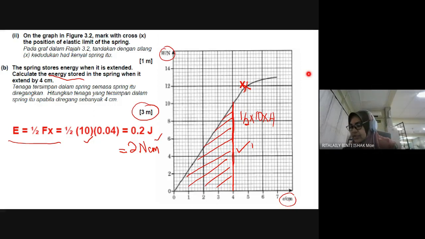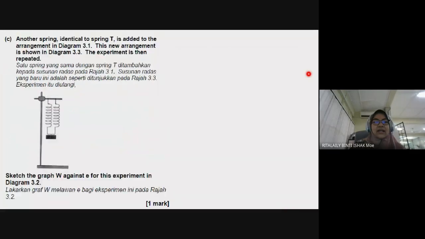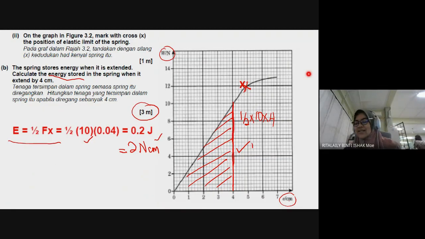It's written as question C. So yang B itu apa? Oh, ada soalan lain ni. Oh, tertinggal soalan tu. Okay, so patutlah semua bagi unit dalam Newton per cm.